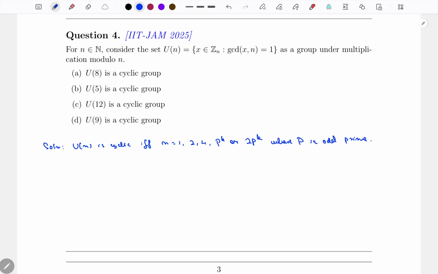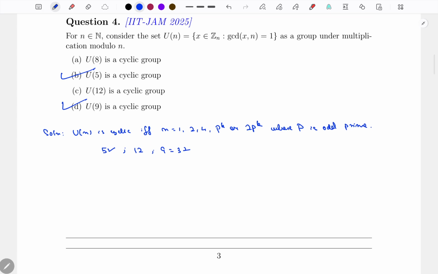So you just need to identify which of these satisfy that condition. So 5 will do. 12 is not of any of these forms, and 9 is 3 squared. So B and D will do, right? U5 and U9 will be cyclic groups, and these won't be cyclic groups.